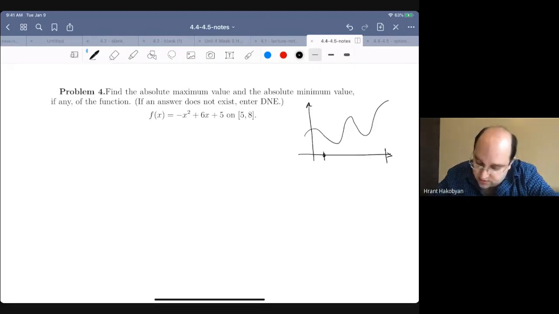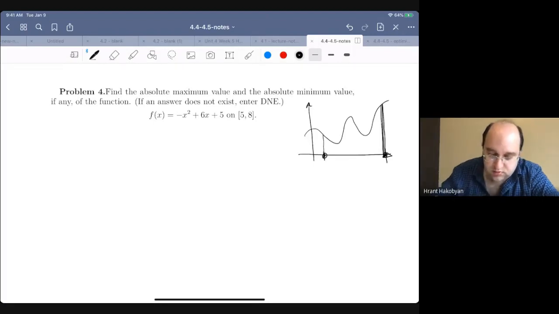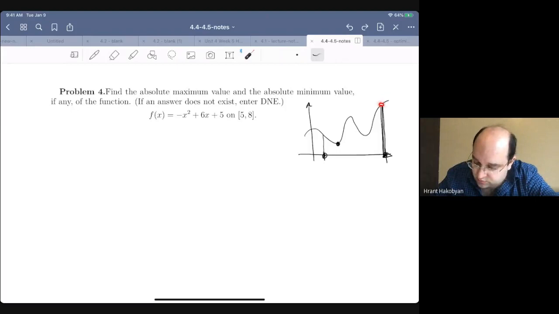Then where are your maximum and minimum attained? The minimum would be here, but the maximum would not be here, it would be here. So the maximum of this function on this interval would be there.